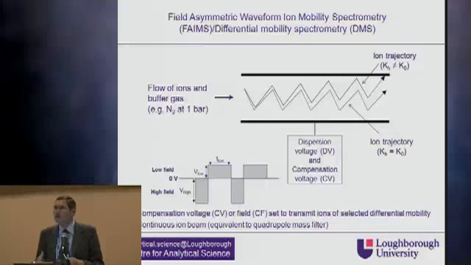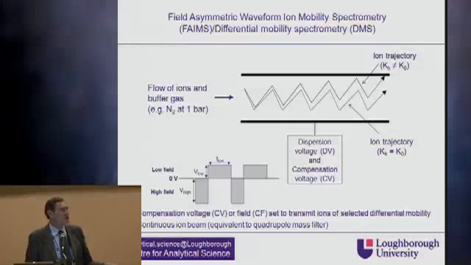Suffice it to say that the waveform is designed to do two things. First is it's going to initially accelerate our ion towards one electrode under high field conditions, and then at some later point in time it's going to reverse the field. It's going to accelerate the ion towards the upper electrode under low field conditions. So in this case, high field movement is downwards towards the lower electrode, low field is towards the upper electrode.